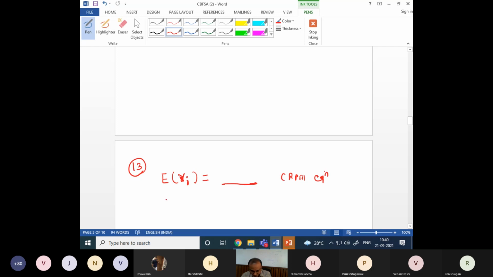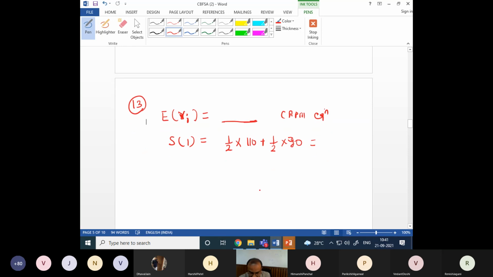Now S1 is given as 1/2 into 110 plus 1/2 into 90, its average value, because it can be 110 or 90 with equal probability. So the average or expected value of S1 is this. I can write the expected value of S1 as 100.